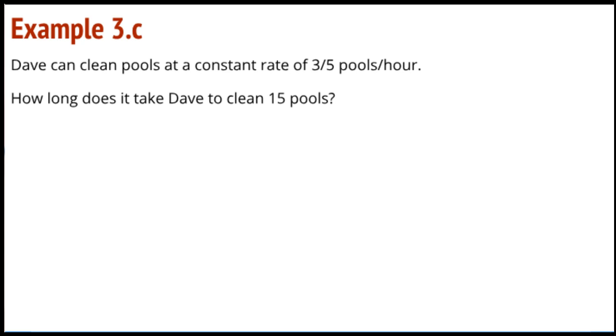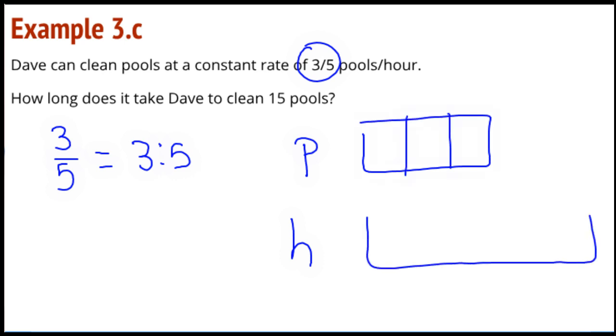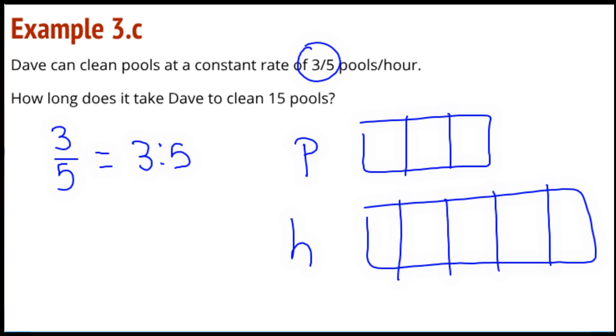So Dave is cleaning 15 pools. Well, I've got my unit rate of 3/5, and that is going to become a ratio of 3 to 5. And I've got my pools, and I've got my hours, and I've got my ratio of 3 to 5. And it says 15 pools this time.